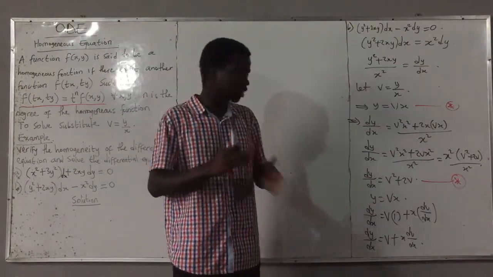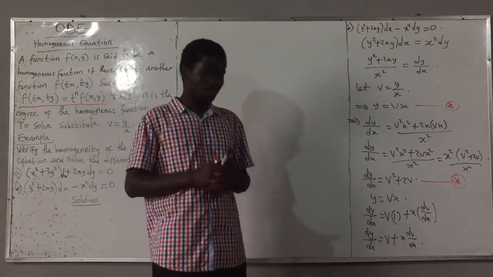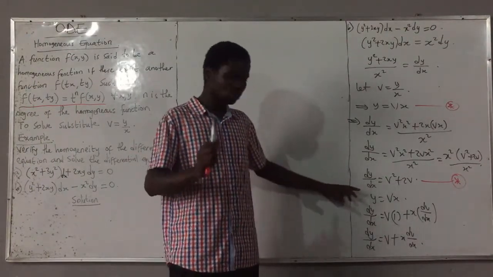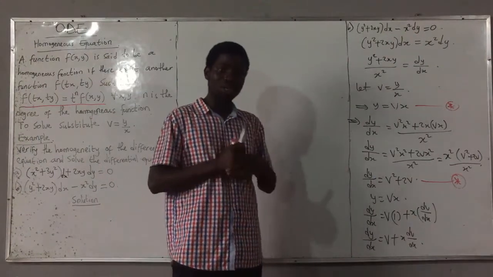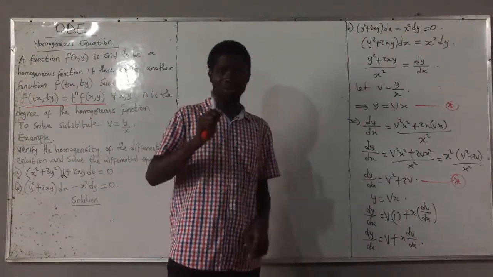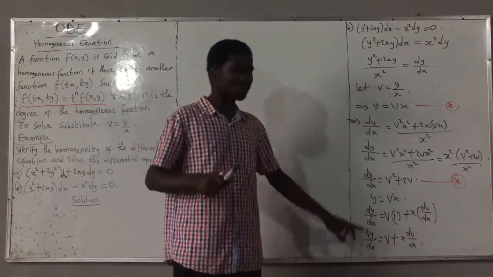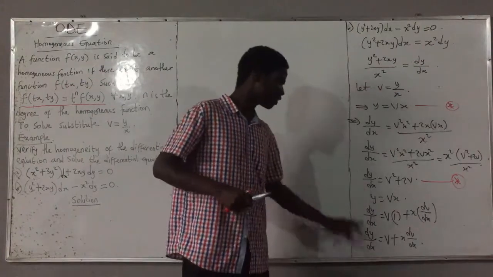Do you understand? x will cancel out. You will be left with something like this. So that is one thing you need to take note of. Everything that will remain must be a function of v, and by the time you differentiate this, you will have this. After that, you will equate the two dy/dx, equating the two of them.